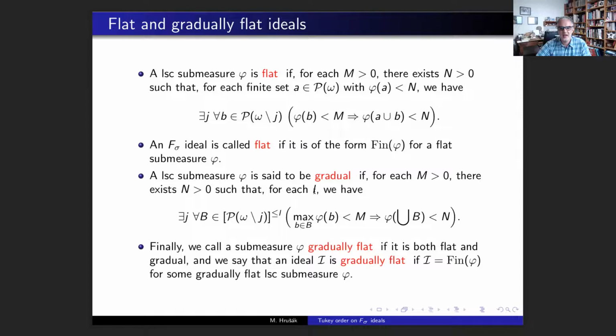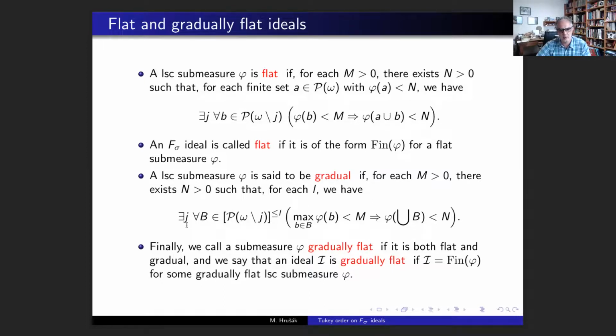M we think of as a submeasure of pieces. N is the target submeasure that we want to have. And we roughly want to union up as many things as we want. So that's what the L represents.